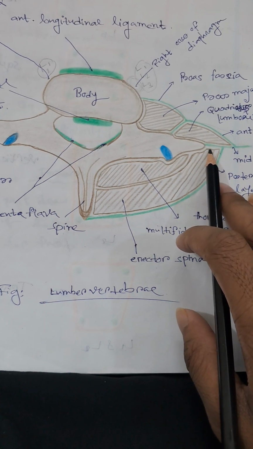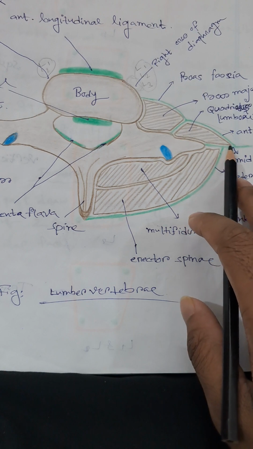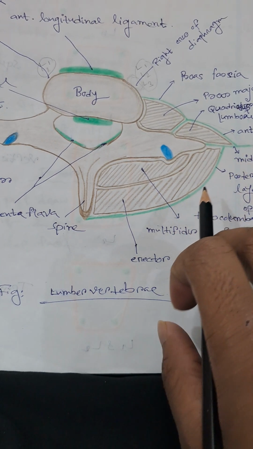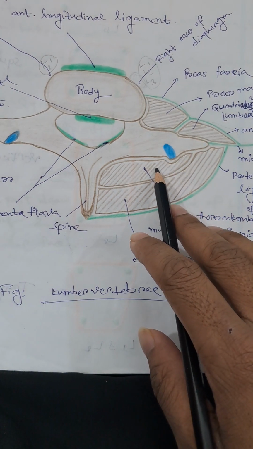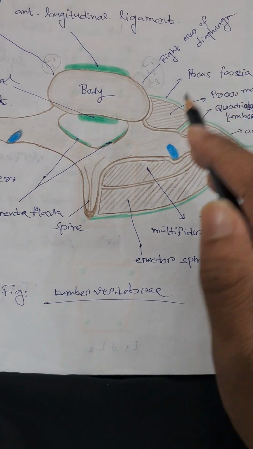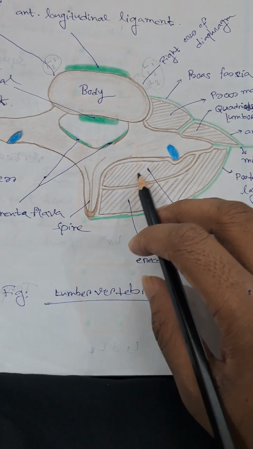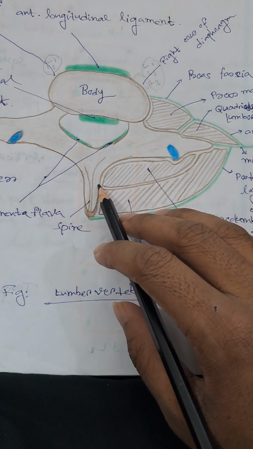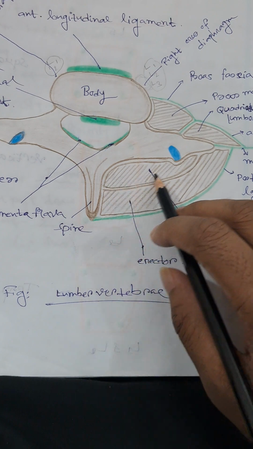The tip of the transverse process is attached with the middle layer of the thoracolumbar fascia. The inner portion of the space between the spinous process and transverse process is wholly attached with the multifidus muscle.